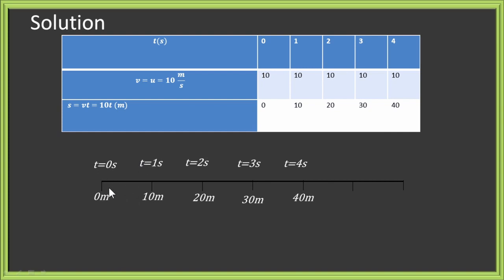Within 1 second, it has moved 10 meters. The gap between 10 meters and 20 meters is 10 meters, and the time difference between 1 second and 2 seconds is 1 second. Within that 1 second, it has moved 10 meters, and so on. Equal distance is covered with an equal interval of time, and the motion is said to be uniform motion.